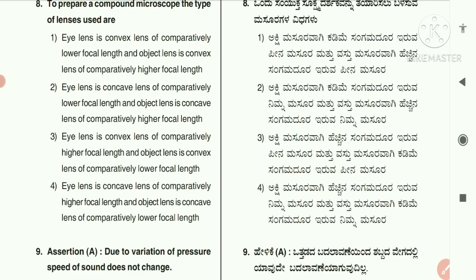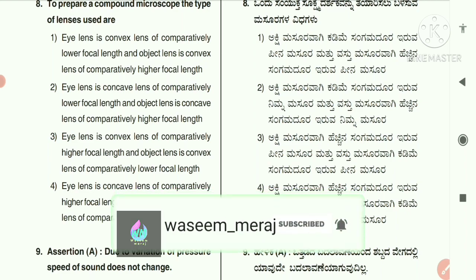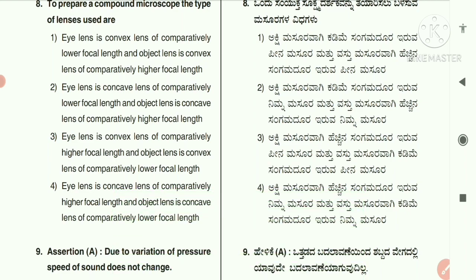One thing we have to remember here: both are convex lenses. We have to see which one has a comparatively higher focal length and which one has a lower focal length. In that condition, third one: eye lens is a convex lens of comparatively higher focal length, and object lens is a convex lens with comparatively lower focal length.